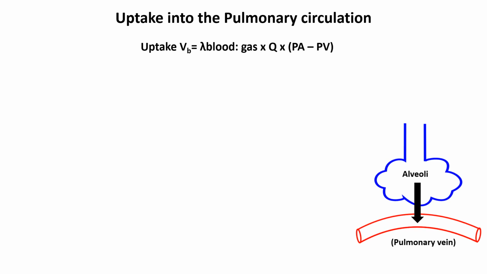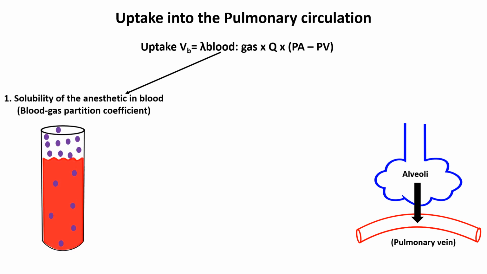The uptake of anesthetic into the blood depends on a lot of factors, which is explained by Fick's equation. The equation explains the rate at which a gas is transferred across a membrane, such as from the alveoli into the blood. This rate is influenced by several specific factors. One of these factors is the solubility of the anesthetic agent in the blood, which determines how easily the gas dissolves in the bloodstream.